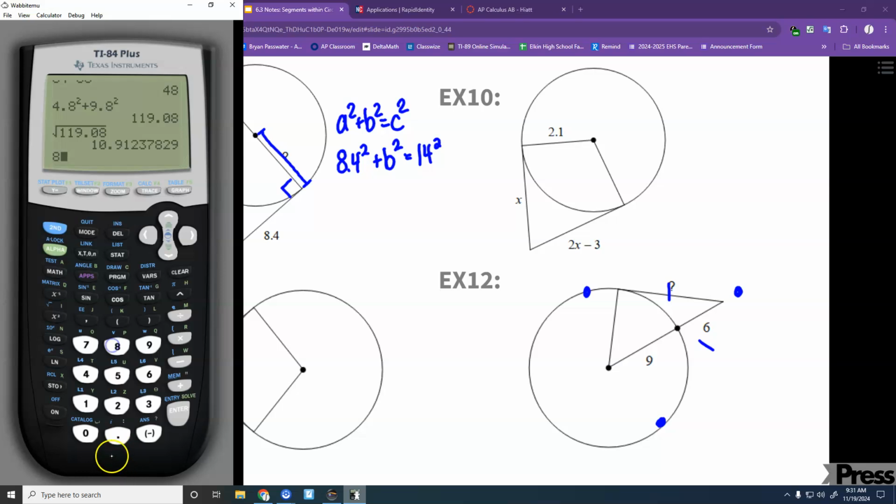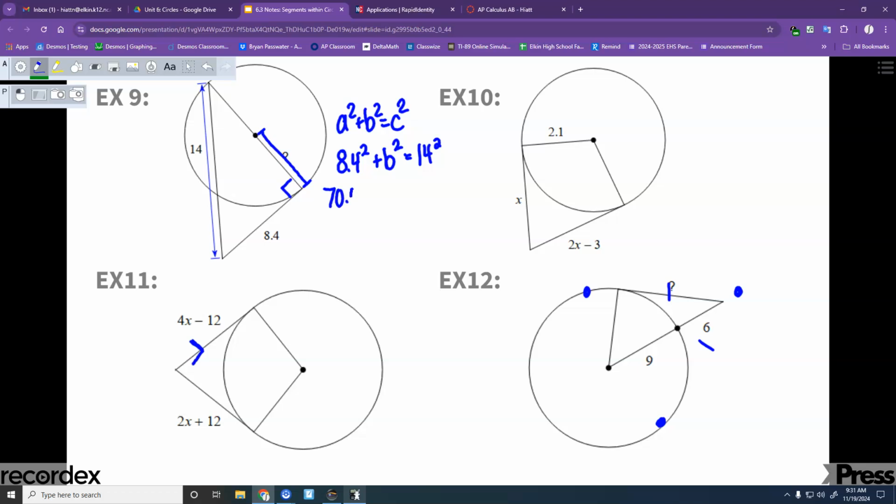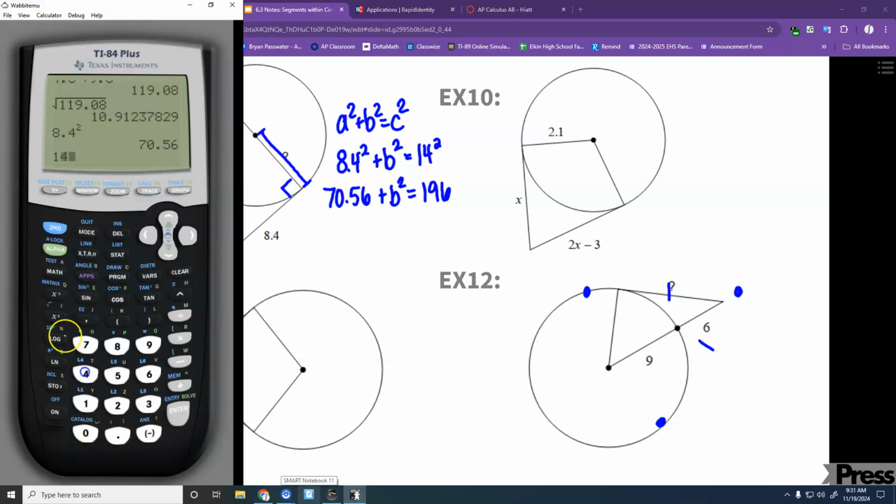And then 8.4 squared is 70.56. I think 14 squared is 196. Let me check. Yep. And then once we get that, what would we have to do to solve for that b?